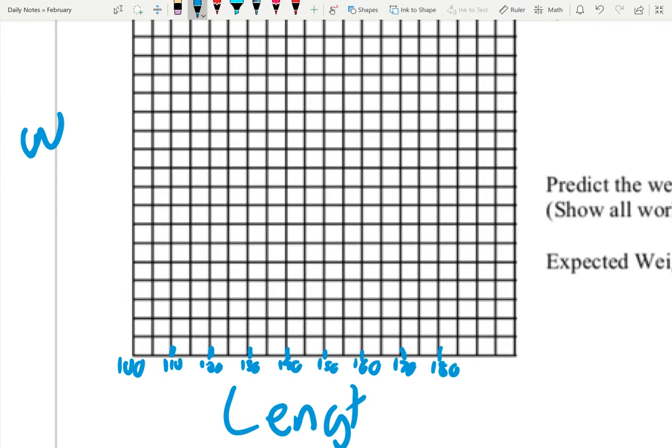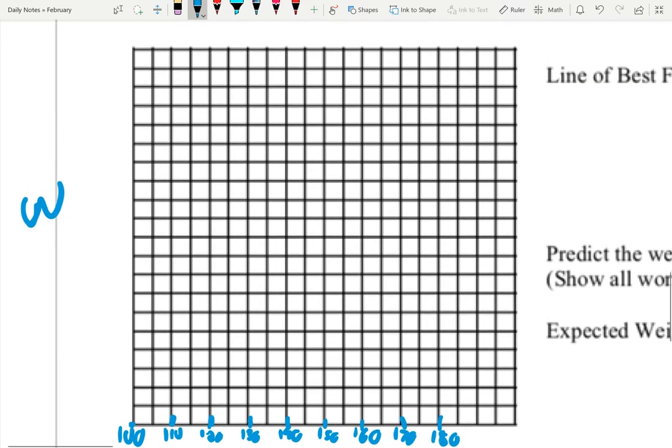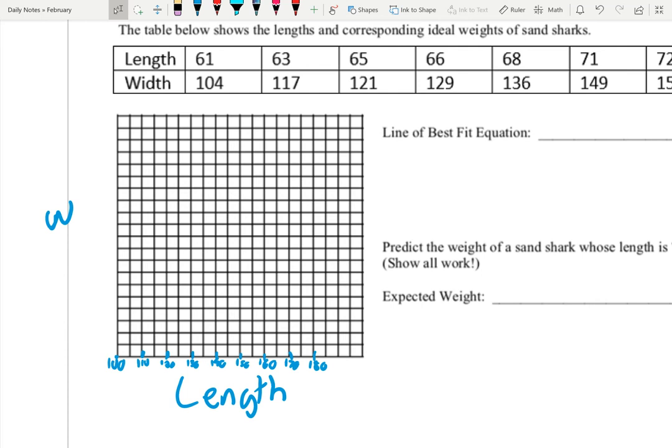We don't need to go that high, but there we are. So now notice, I'm making this scale up just so I can fit my points. Your scale could be different than mine, but you can use the same scale that I use if you want. And I went every 2 squares, I did my 110, 120, 130, 140, rather than every 1 square, just because we got a lot of squares there.